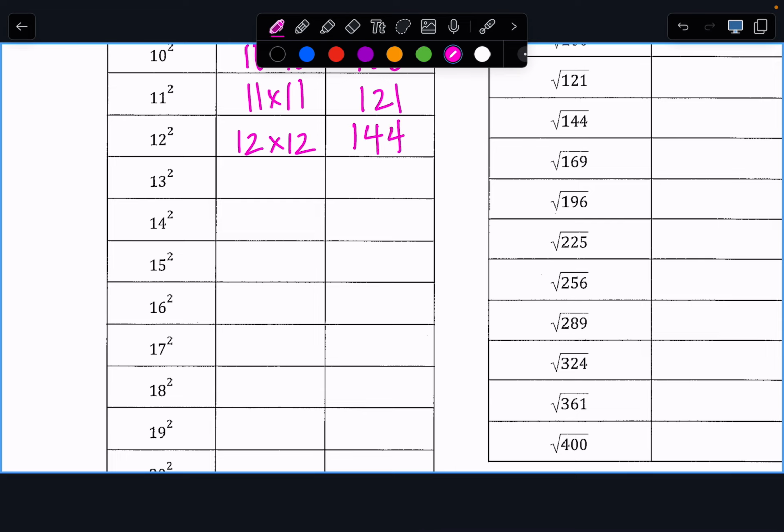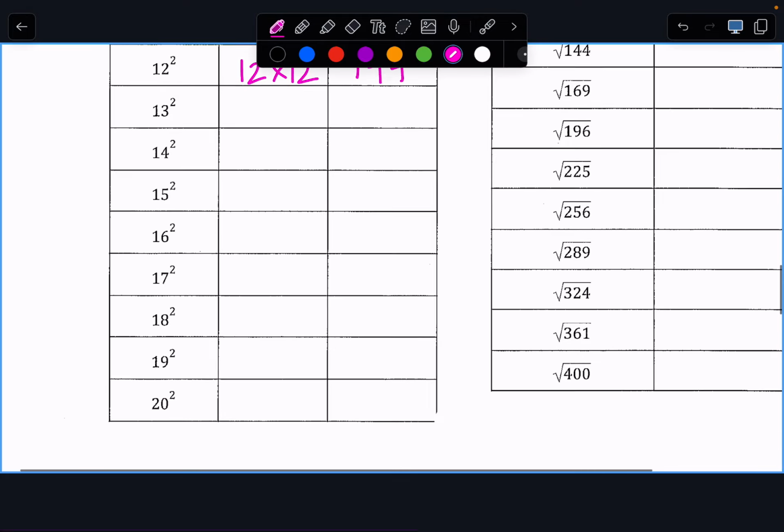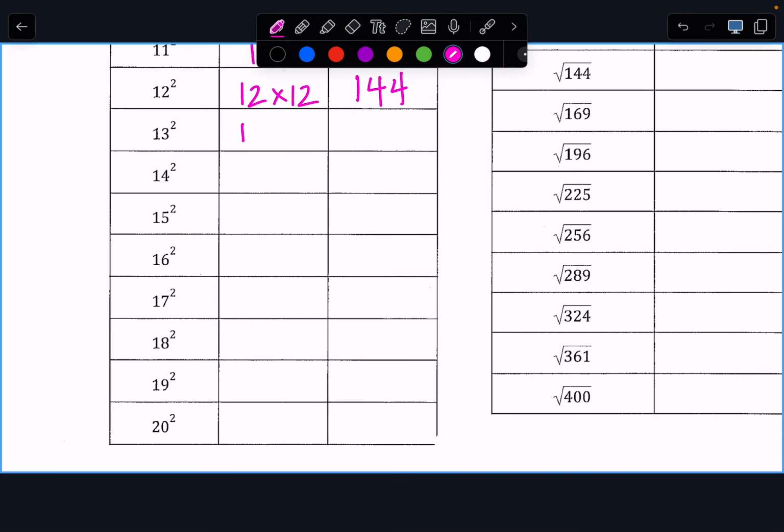Yeah. You're writing these down, right? Okay. 13 squared means 13 times 13. 169.